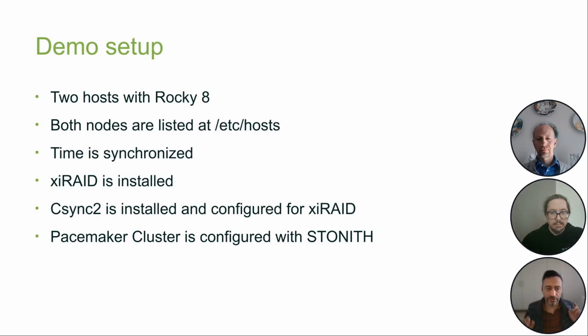We have Lsyncd installed and configured on xiRAID to replicate the configuration changes, as Alexey said. We have configuration replication configured by a scheduler, and we also have asynchronous configuration replication activated in case of a configuration change on one of the nodes.